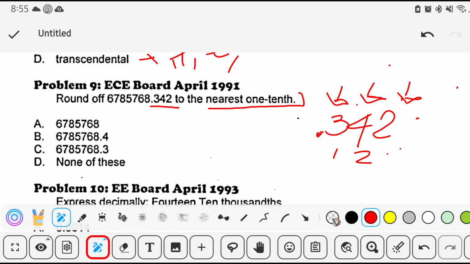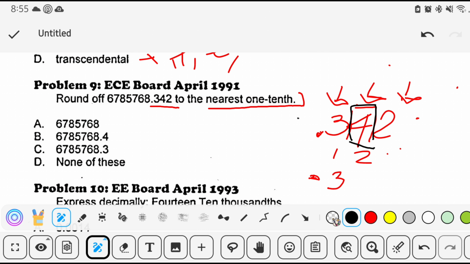So our answer would have 0.3 as the decimal, and noticing the next number after 3 is 4. It's less than 5, so we can't round this up. So you just have to write it the same, 0.3.